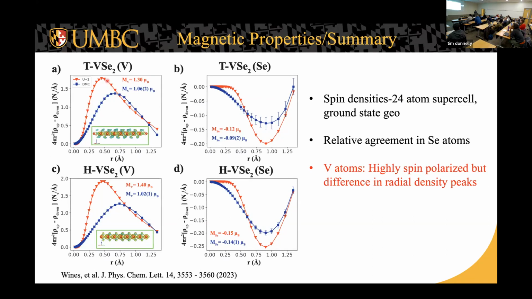So generally, this is PBE plus U results. We are seeing that the magnetic moment is higher and it's closer to the core region, and it is similar for T and H phase here. So right now, what we can say for the ferromagnetic case, DMC finds a lower magnetic moment on this structure.